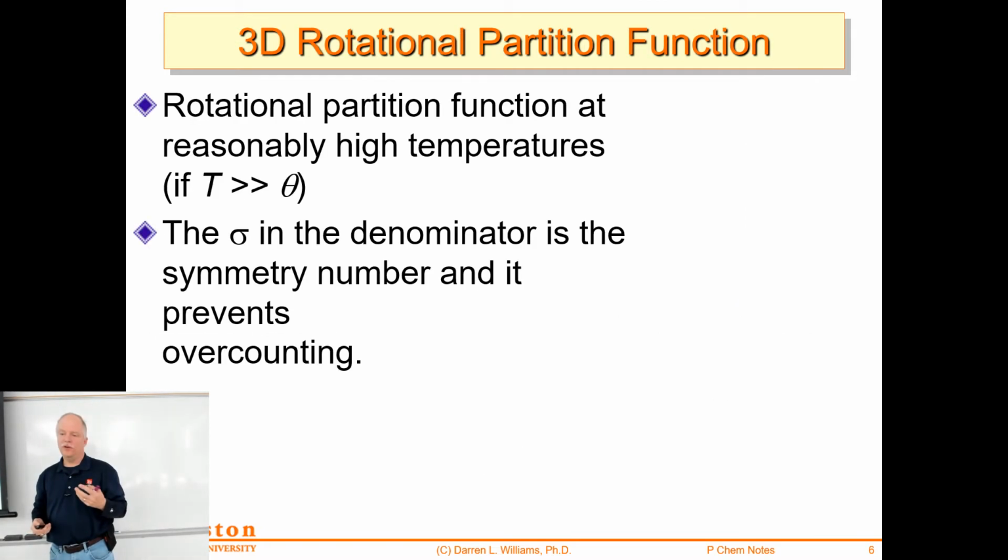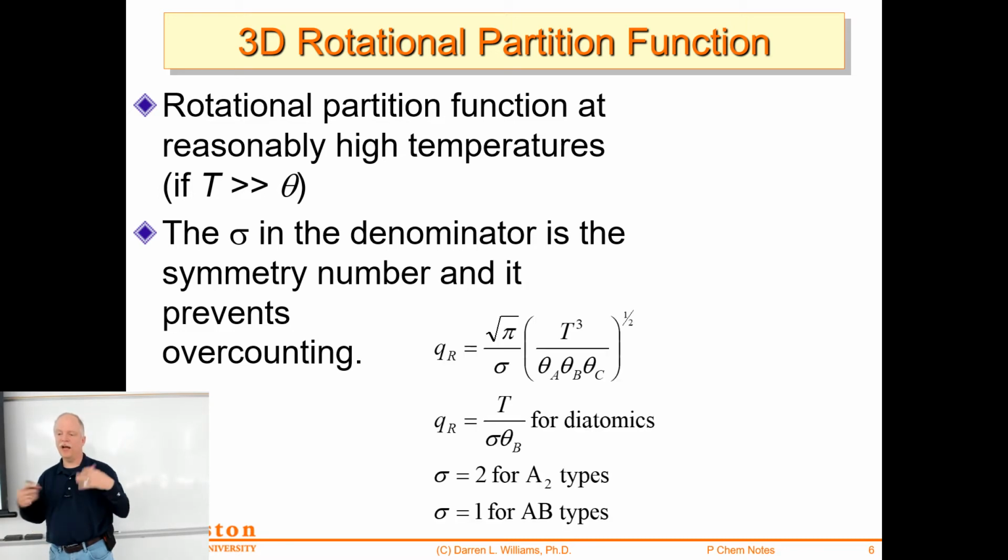So again, for the three-dimensional rotational partition function, we also don't want to overcount these energy levels if we have a symmetric molecule like a D infinity H molecule. So we need to divide out the overcounting. Remember, this is a normalization piece for the statistical analysis of the number of energy levels that are calculated.